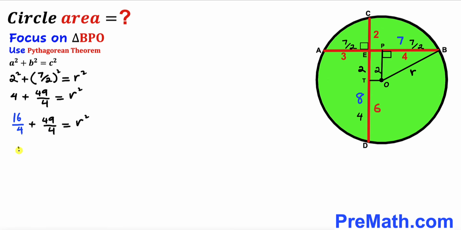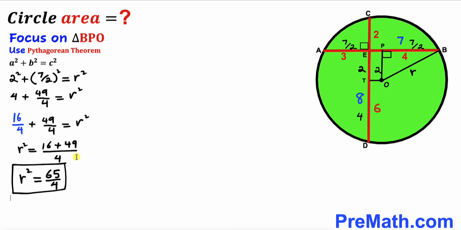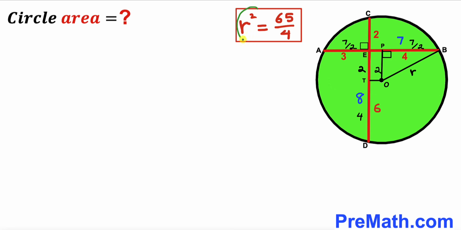So we end up with r squared equals (16 plus 49) divided by 4. In other words, r squared is simply 65 divided by 4. So our r squared value turns out to be 65 divided by 4.